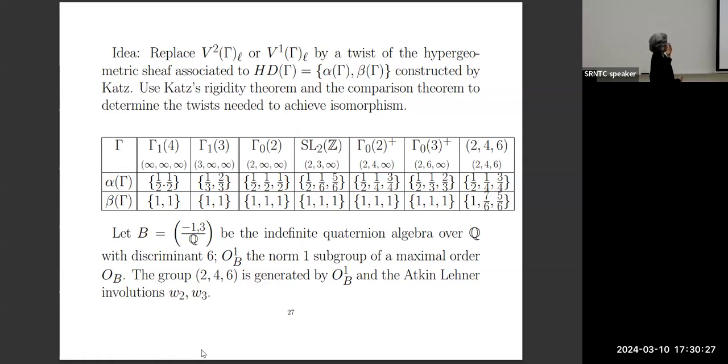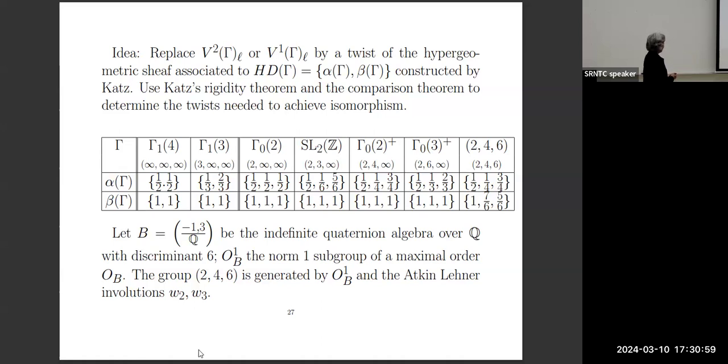You can choose generators with i squared equals minus 1, j squared equals 3, and ij equals minus ji. Then we choose a maximal order and look at the elements there with norm 1. They play a role similar to SL2(Z). Our group (2,4,6) is this norm 1 group, O_B^1, together with all the Atkin-Lehner involutions.